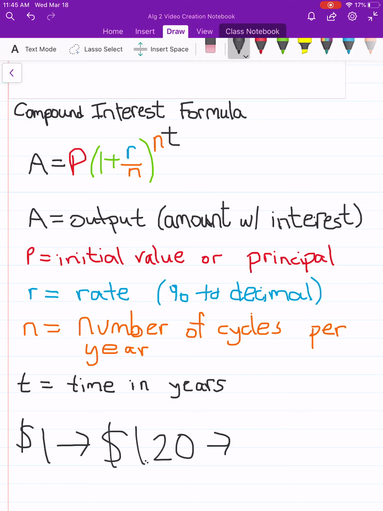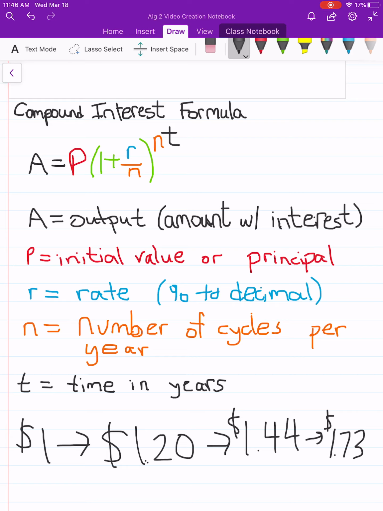So when we have 20% interest on $1.20, we're going to get $1.44. And they would keep doing that. So 20% of $1.44 would give us about $1.73. And so the interest compounds. The more money you earn in the interest, the more interest you'll be able to earn.